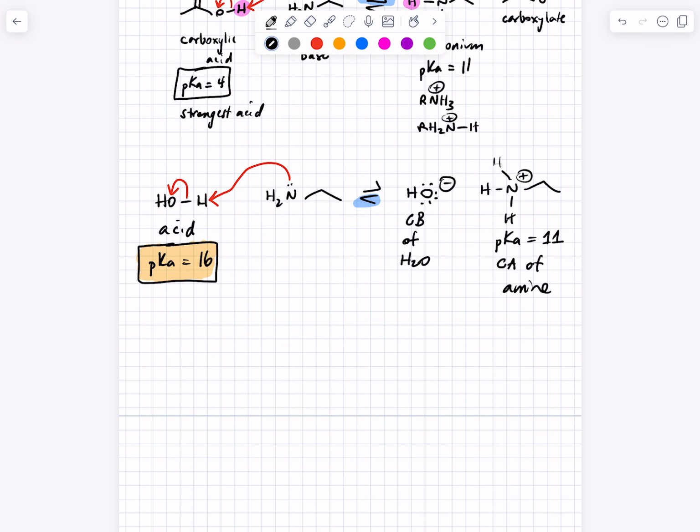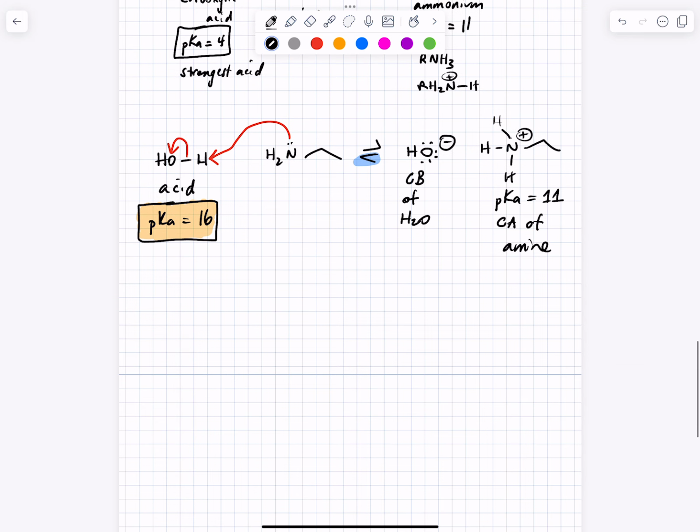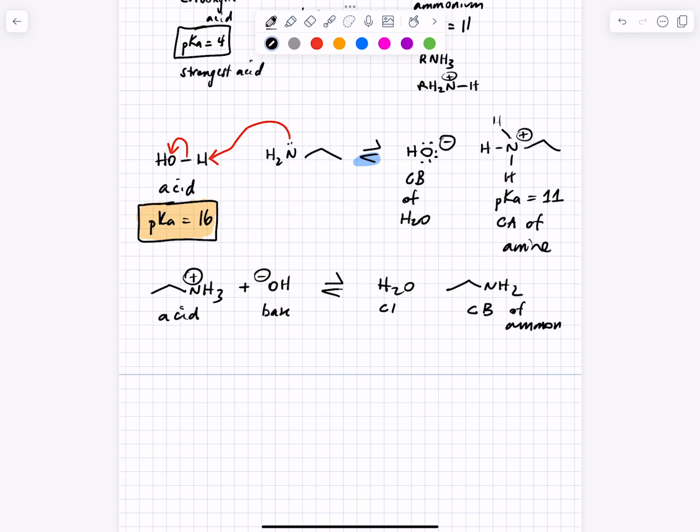If I rearrange this equation, I'm just going to put what was on the right now on the left. If we do this, then this is the acid, this is the base. You will see that the amine is the conjugate base of the ammonium, and that water is the conjugate acid of hydroxide.